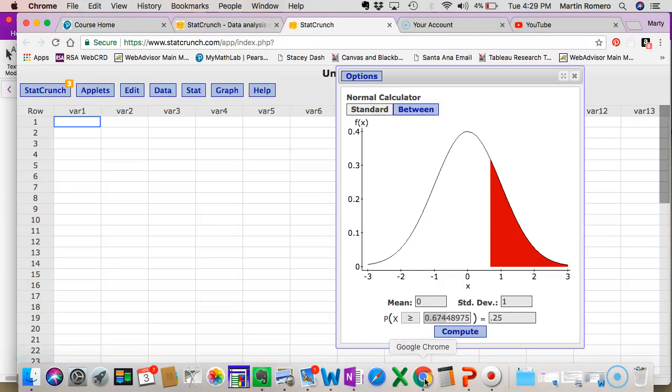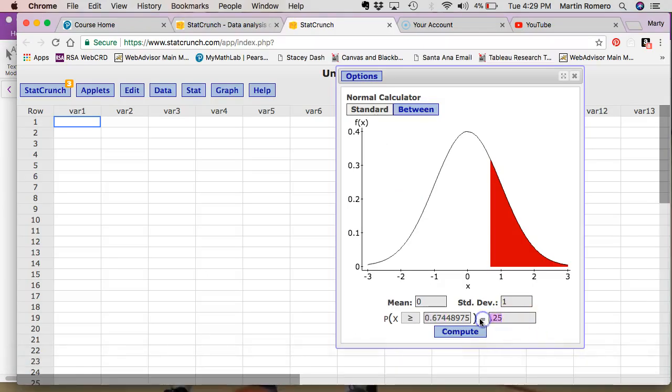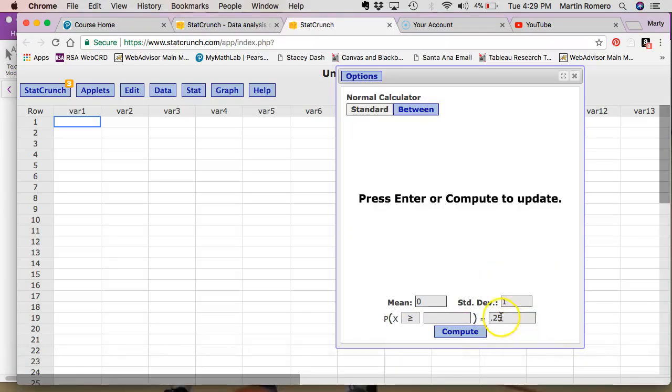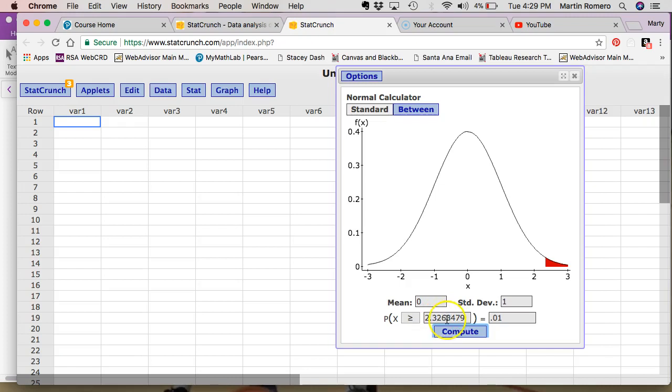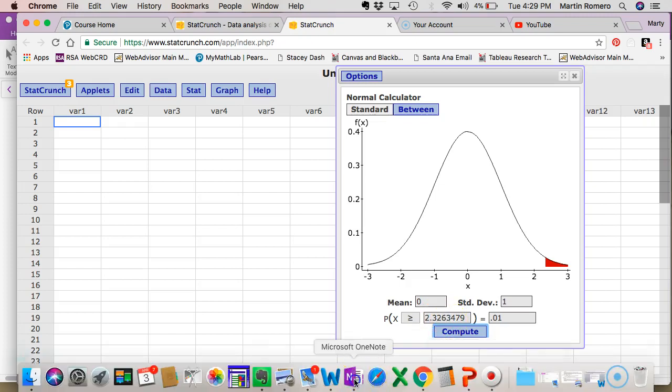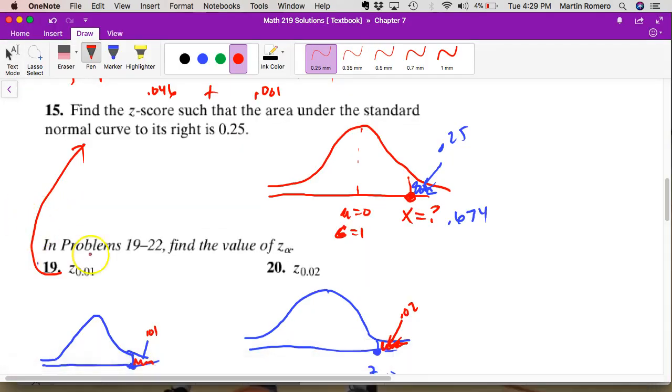So you just go to here, change this, clear that out because we're looking for that. Put 0.01 in there, compute, and you get 2.33. That's the answer for this one. Then to get this one, we do the same thing.